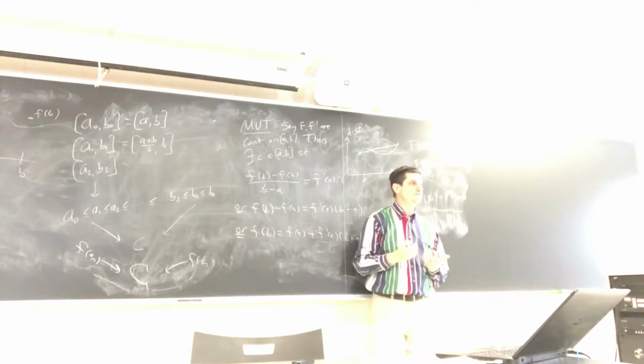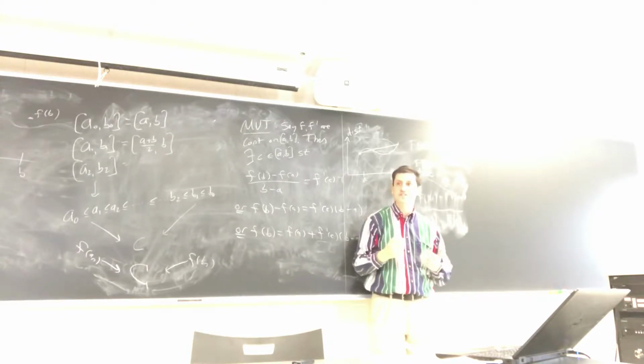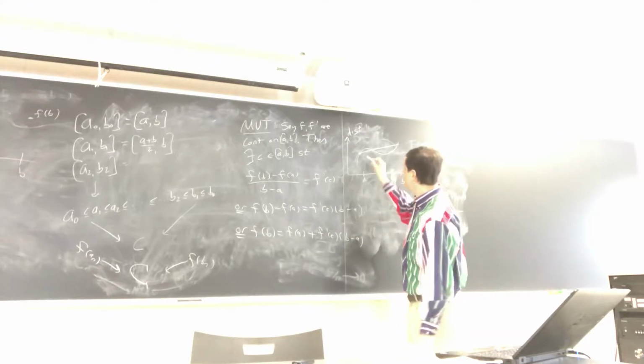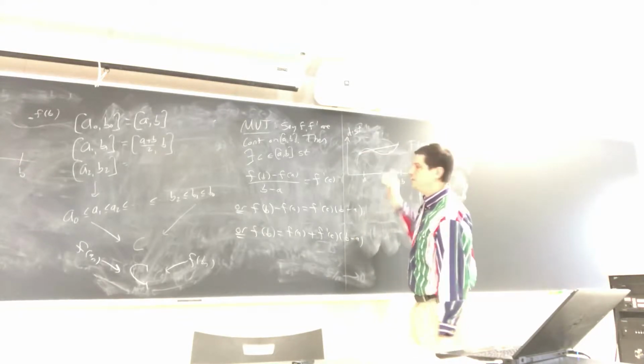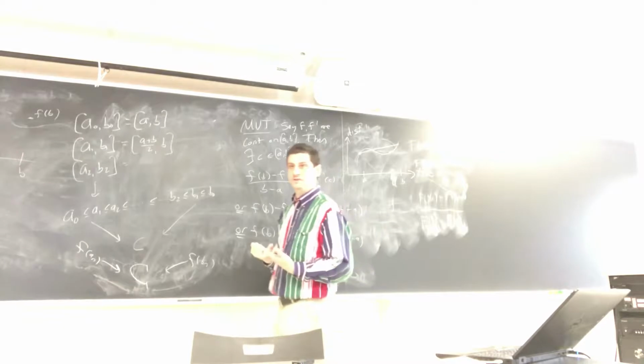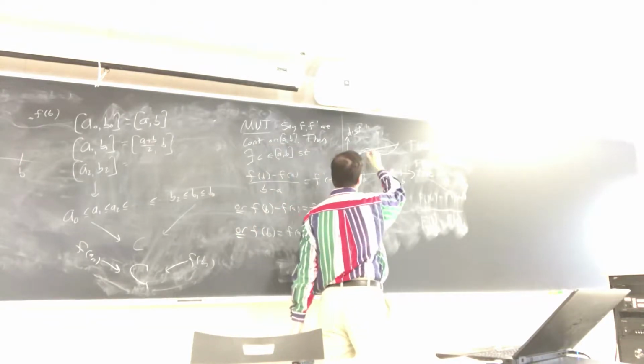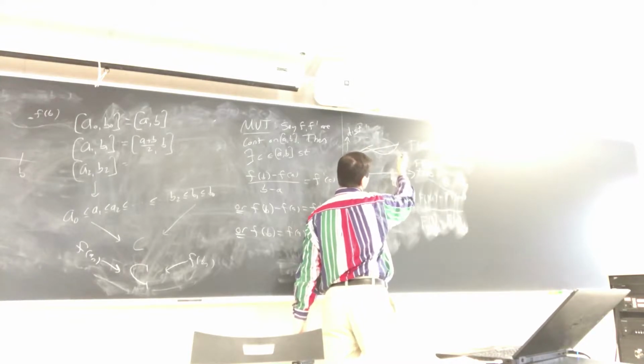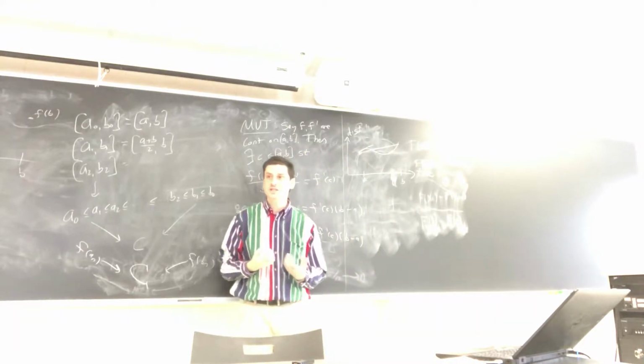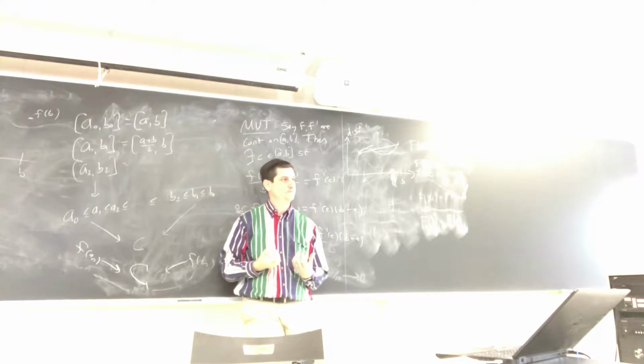So if I plot distance versus time, the slope of the distance versus time graph is going to be my speed. So if I look at the slope of the line from here to here, that's going to be my average speed. And what the mean value theorem says is there's at least one point, and in fact in this case there's two, where your instantaneous speed is your average speed.